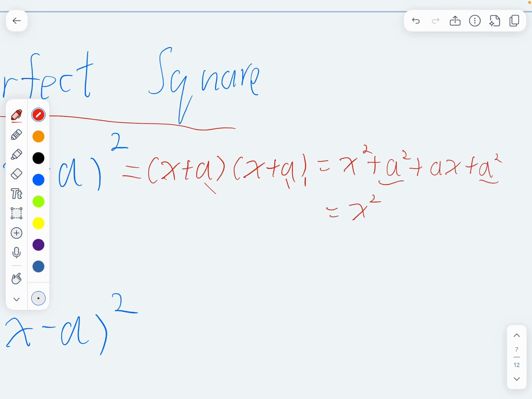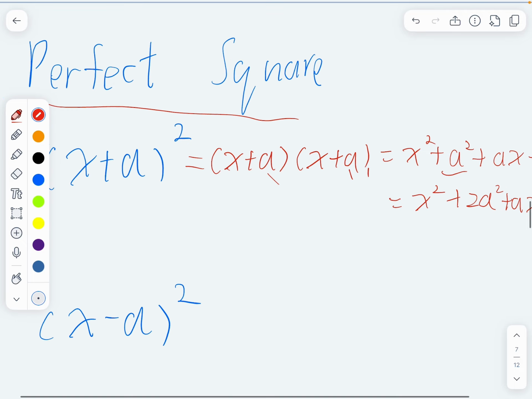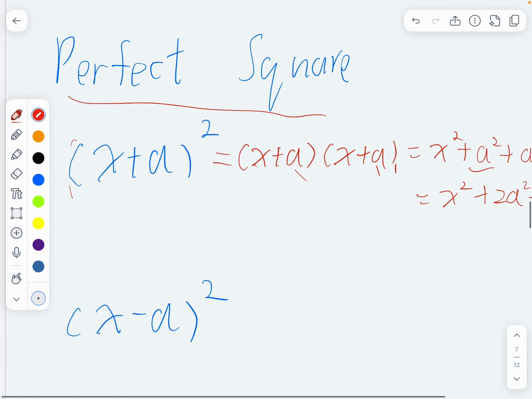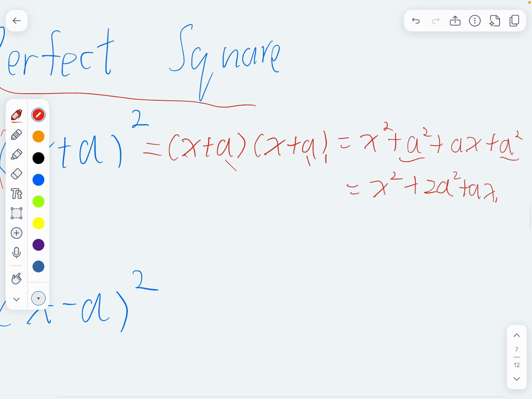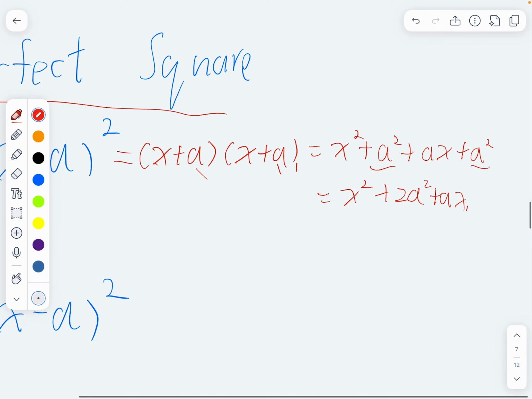It's going to equal x minus 2a squared times ax. Oh, I forgot the x.